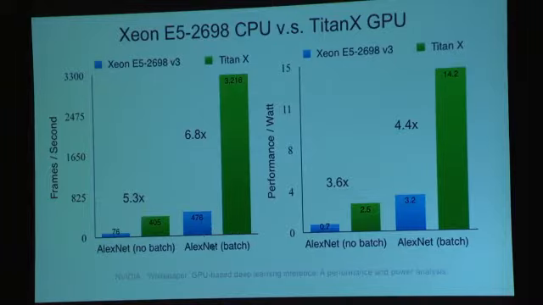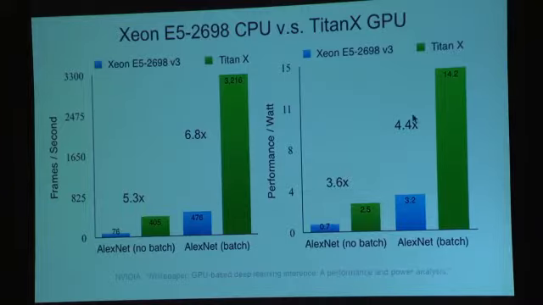If I batch, I'm limited across the 16 cores, this is all 16 cores of the E5, to 476 frames per second, whereas I get over 3,000 on the Titan X. So it's about a 7x improvement in performance. And on power efficiency, it's about 4.4x. And I will note that 4.4x, part of the power I'm charging to the Titan here is the power for the E5 connected to it. Even though that E5 is really not doing much other than loading image data sets and firing off kernels on the Titan X. If I was just counting the Titan X, the number would be almost twice that good.